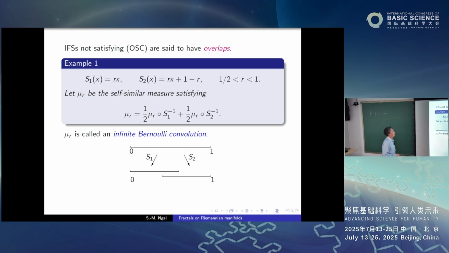So mu R is called an infinite Bernoulli convolution. In fractals we view the iterated function system this way: if we restrict the domain to [0,1], then S1 sends the unit interval to here, and S2 sends the unit interval to here.